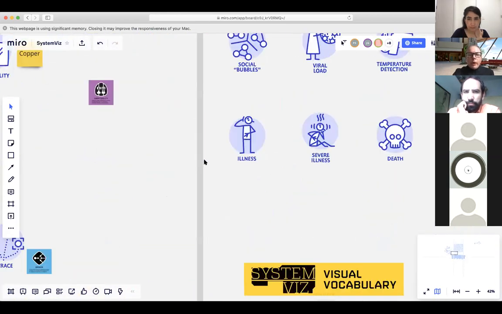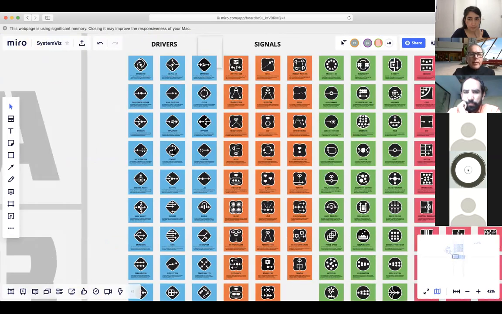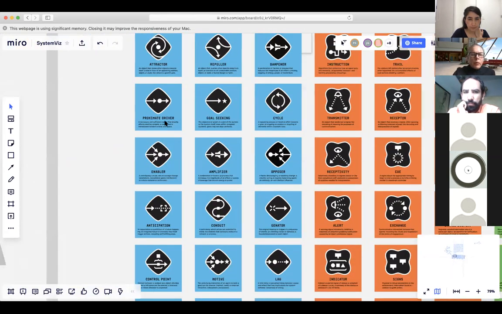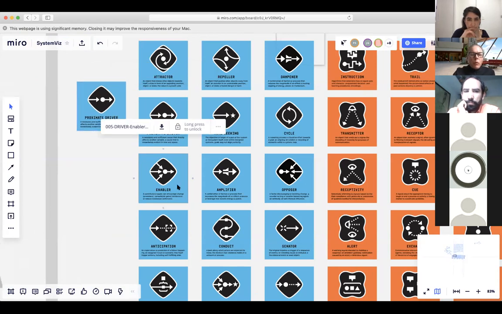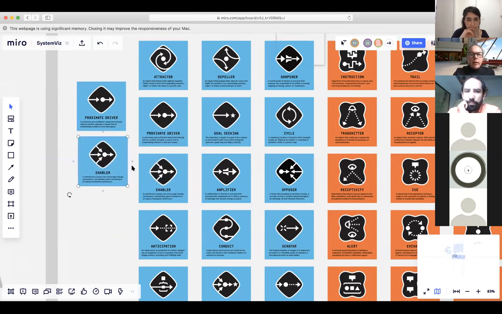Or you can take a very basic set, which could be things like, what are the drivers? What are the enablers? What are the opposers?